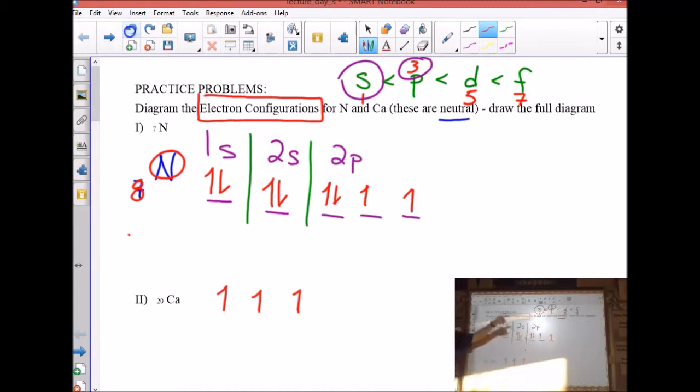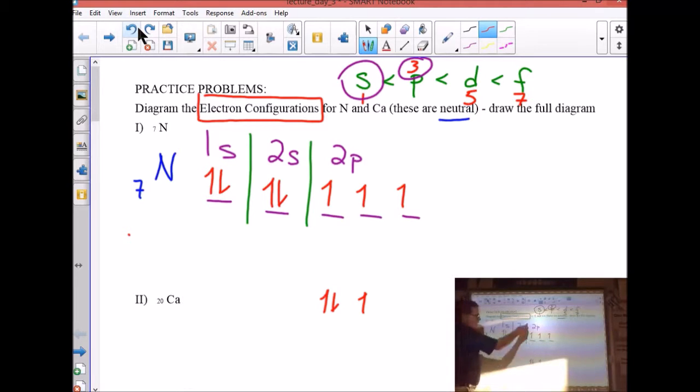Since nitrogen's number is 3, and there's 3 spaces, we have 3 up. Could it be 3 down arrows? It could be 3 down arrows if that's what you like doing. Or it could be 1 up, 1 down, 1 up, just as long as they're not in the same orbital.